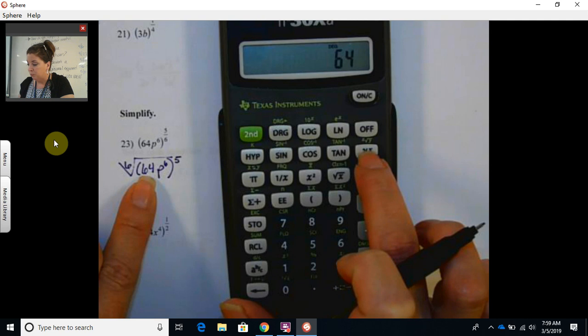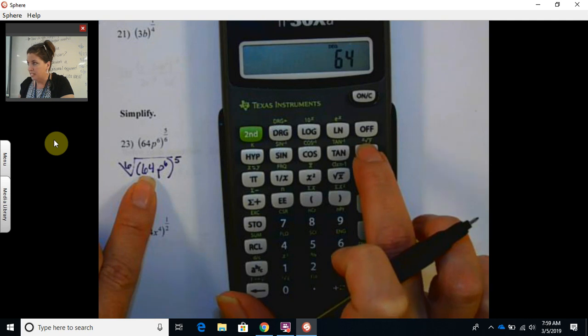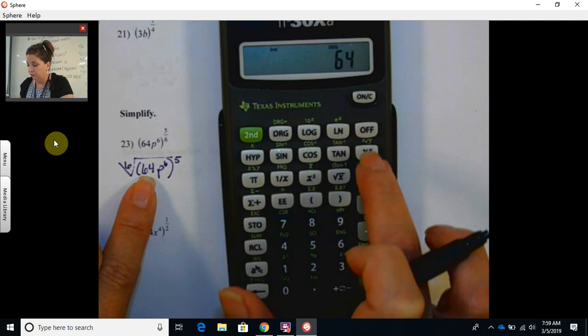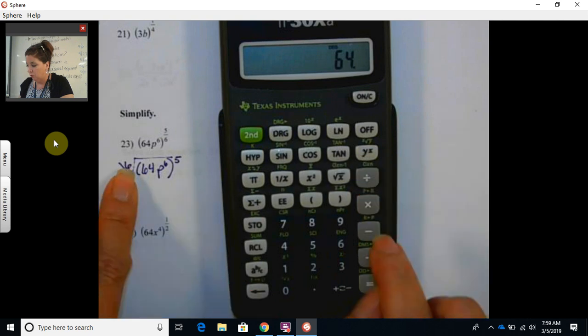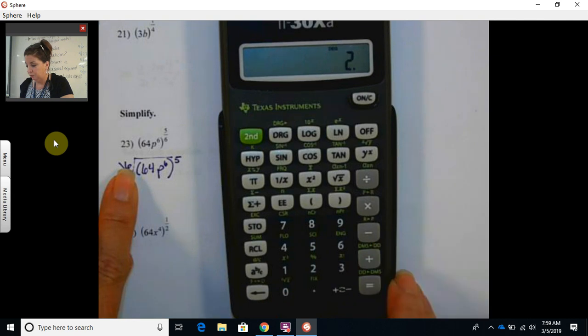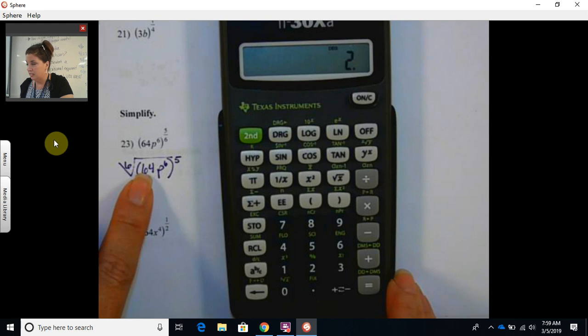But in green above it, see it's x, your index is x, so you can put in whatever index you want. But to get to the green, you have to push the second button first. So I'd hit second, that button, and then put my index in, which is 6, equals. If I don't get a decimal, then it's a perfect 6. 2 is the 6th root of 64.